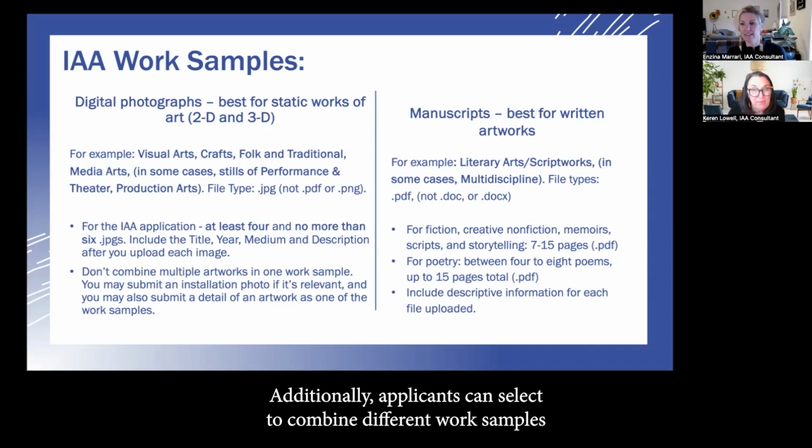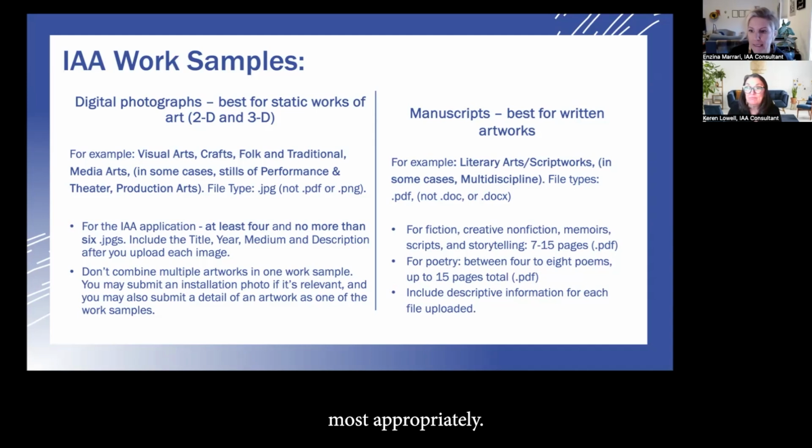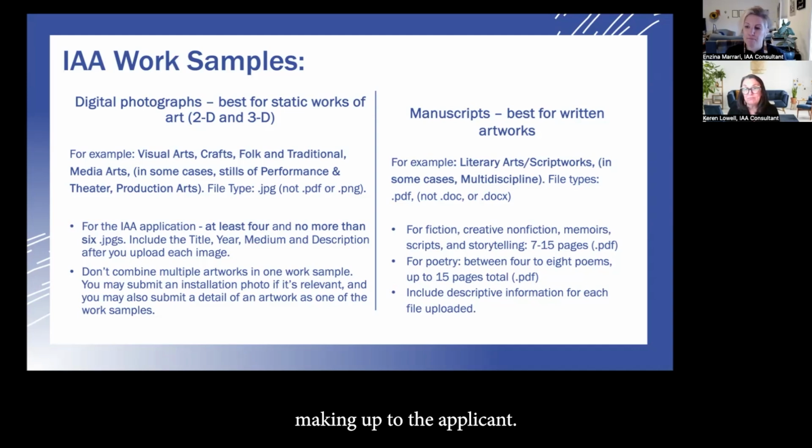Additionally, applicants can select to combine different work samples should they feel that serves their work and project most appropriately. Now, again, each applicant will select the work sample format for their specific project. While we offer some recommendations, we leave that decision-making up to the applicant.